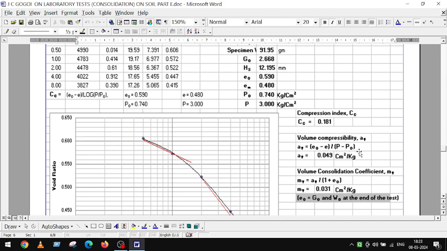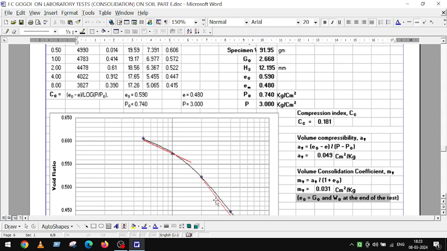This is the pressure, initial pressure and final pressure. This is the initial pressure, and this is the final pressure.